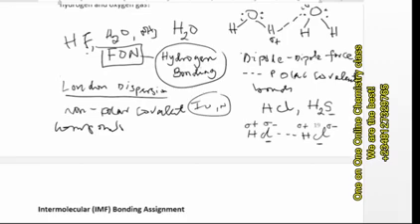Because it's a type of intermolecular force, it is a weak force. It is a weak intermolecular force that binds non-polar covalent compounds together.